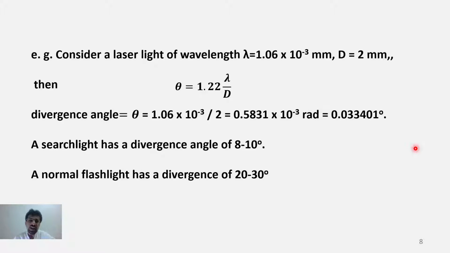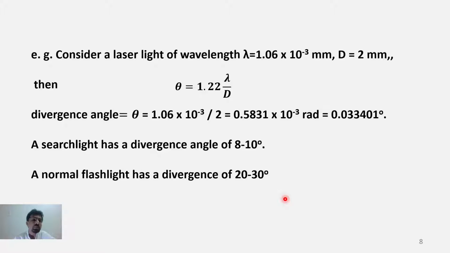But if we take an example such as a searchlight, then its divergence angle lies between 8 to 10 degrees, while a normal flashlight has a divergence angle between 20 to 30 degrees.